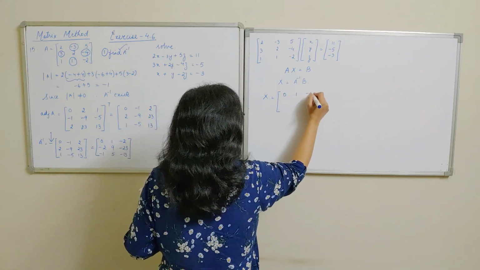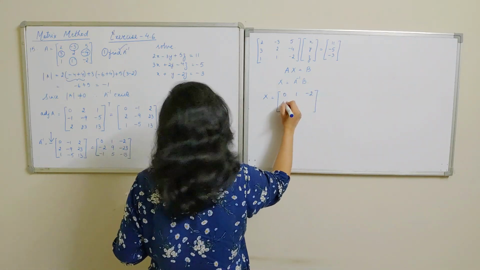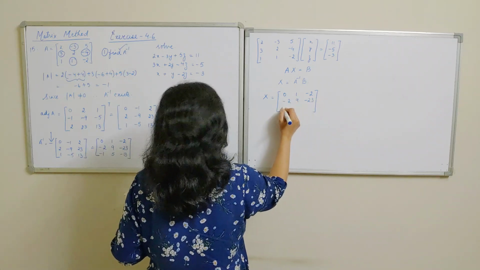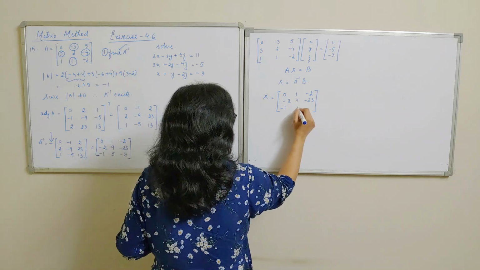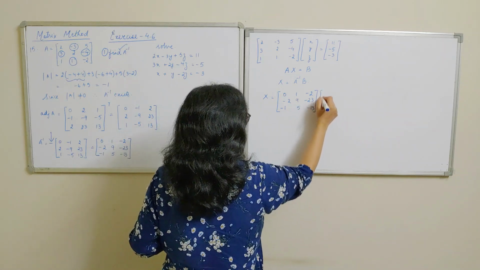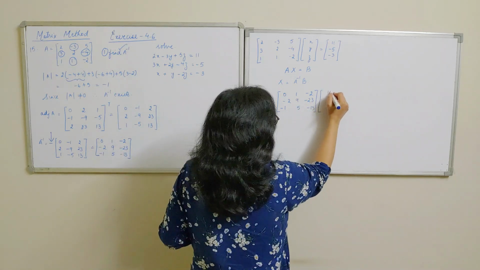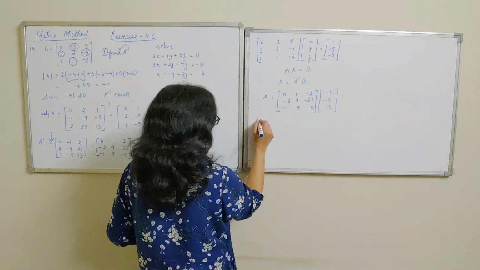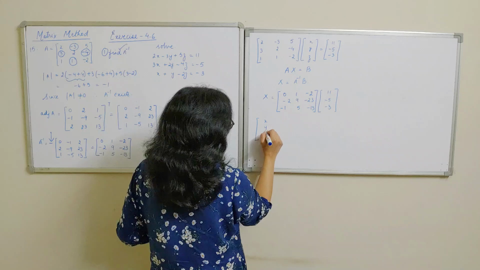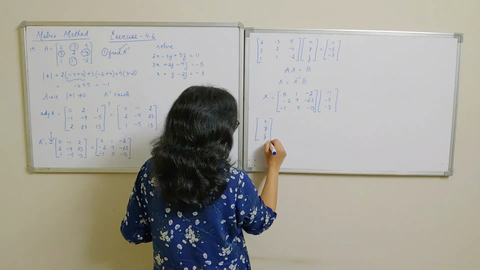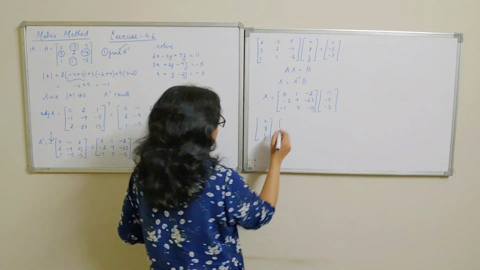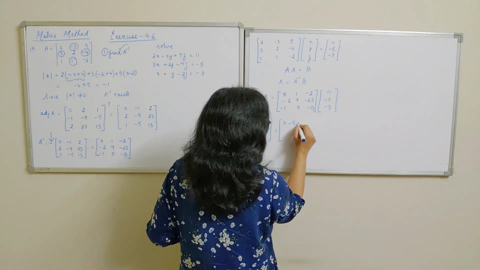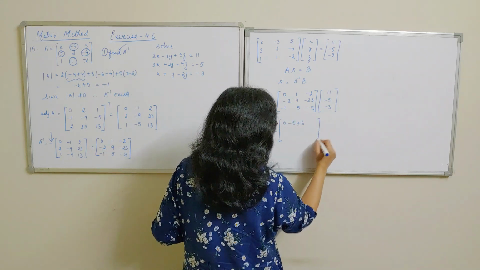So 0, 1, minus 2, minus 2, 9, minus 23. This is minus 1, 5, minus 13, multiplied by 11, minus 5, minus 3. So what will we get? Let's multiply: 0 minus 5 plus 6.